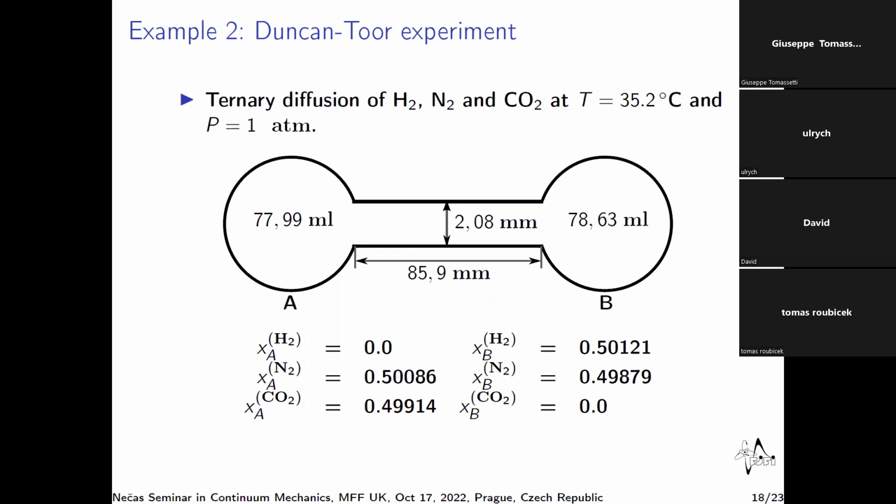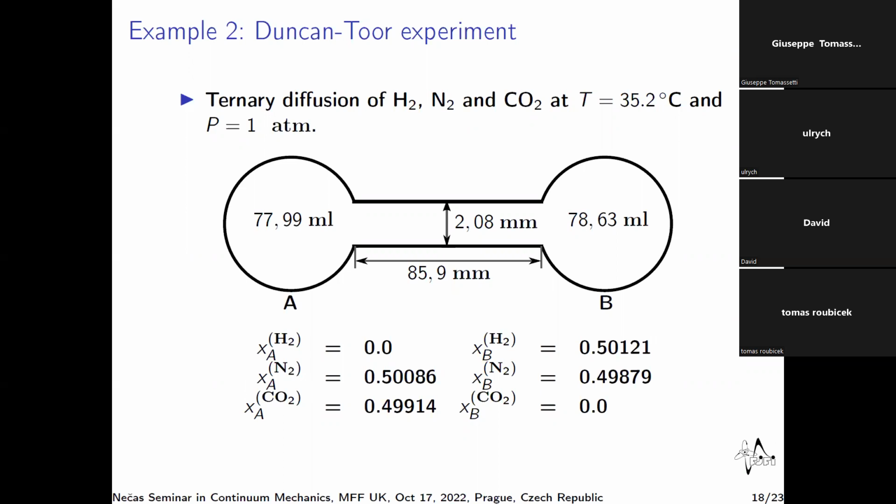In the beginning, we have mole fractions of nitrogen 0.5 in both parts, but in the left part, nitrogen is mixed with CO2, and in the right part, nitrogen is mixed with hydrogen.